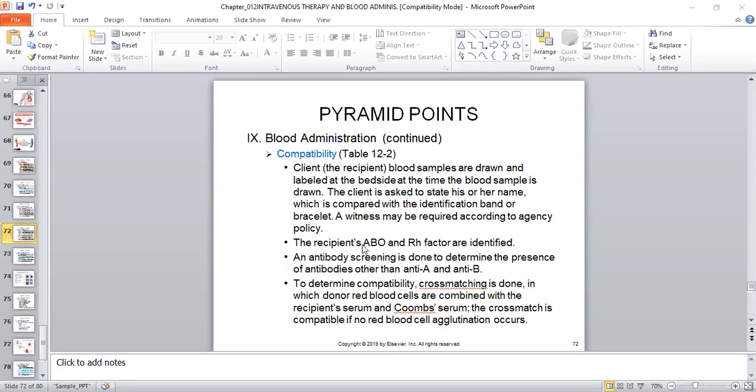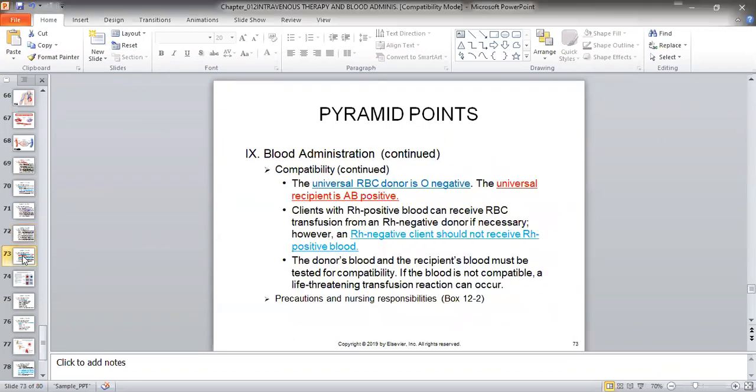The recipient's ABO and Rh factor are identified to determine compatibility, or a cross match must be done before transfusion of the blood product. So here, the universal RBC donor is O negative.